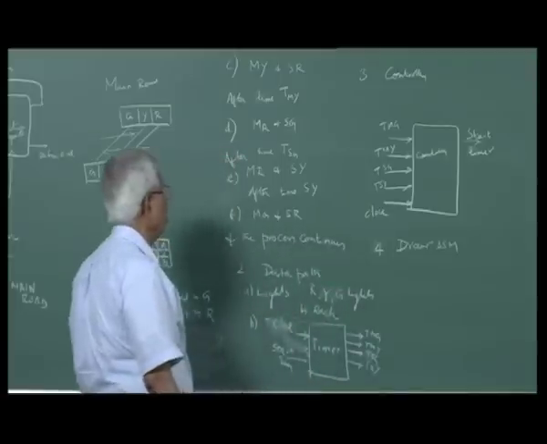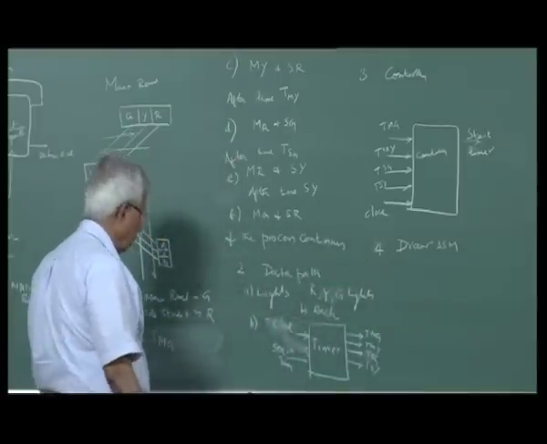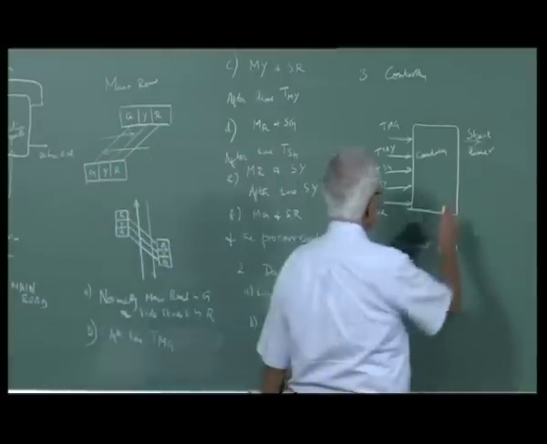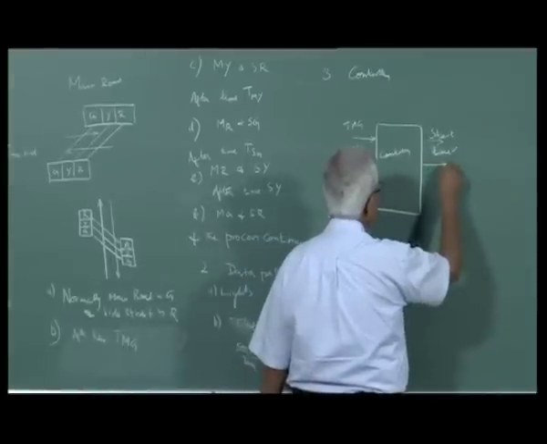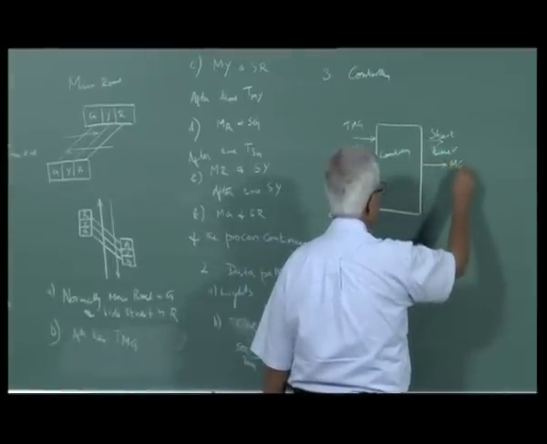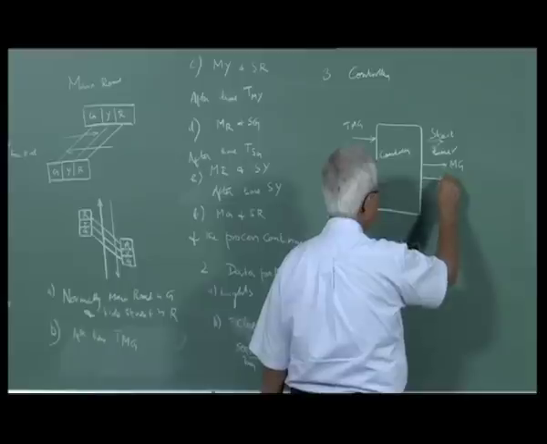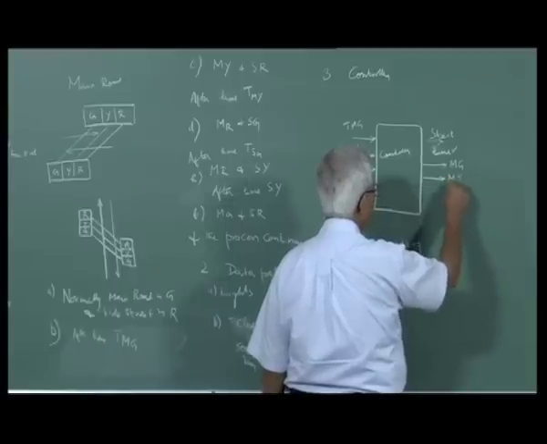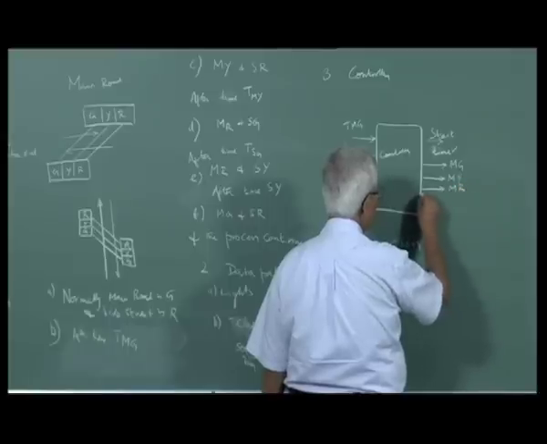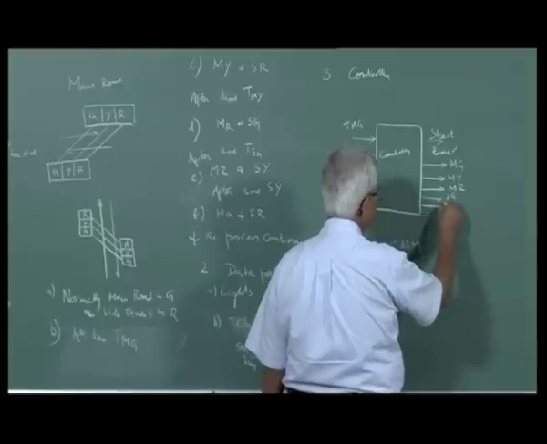Oh, we will also give the controller outputs. Red signal, main green, main yellow, main red. Side green, side yellow, side red.